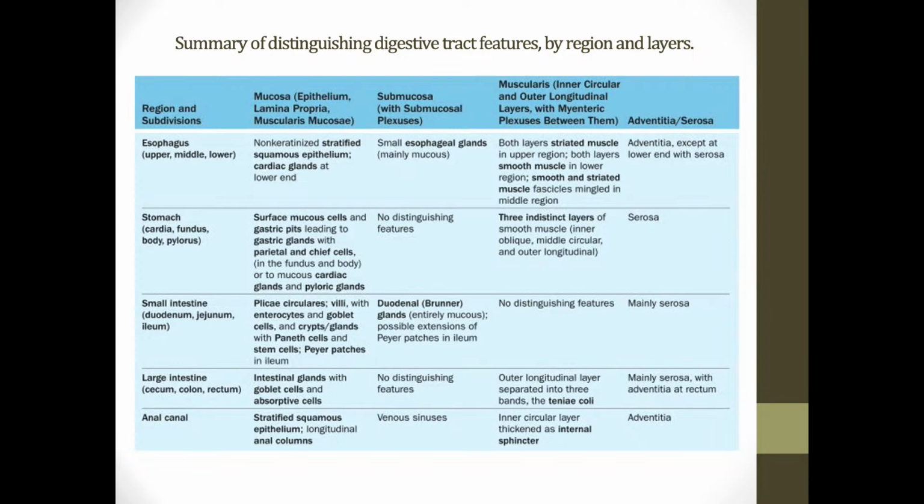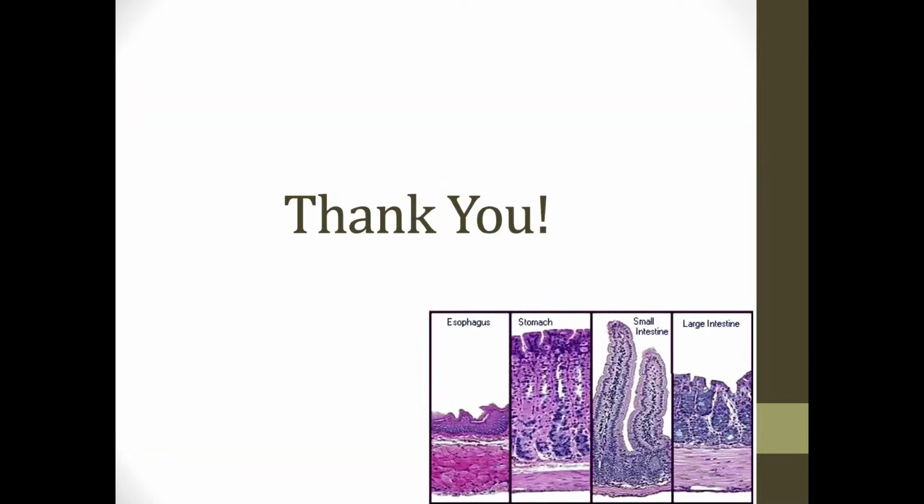The longitudinal element in the submucosa, and then the muscular layer thickened at the internal sphincter. The anal canal has adventitia, because it is difficult to find the border of this canal. It is continuous and built into the surrounding tissue.